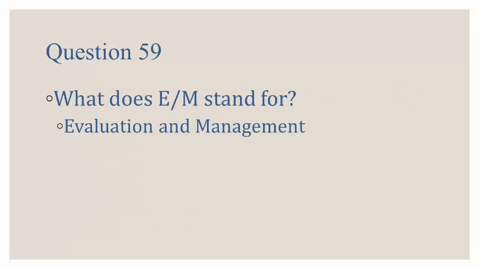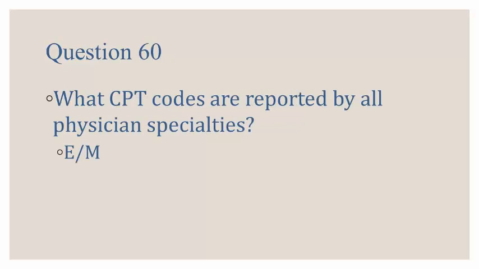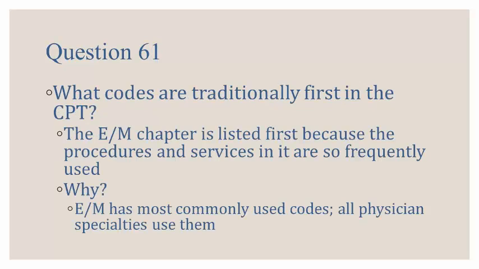E&M stands for Evaluation and Management. Codes are reported by all physician specialties. E&M codes. What codes are traditionally first and why? The answer is E&M again. E&Ms are the most commonly used codes. All physician specialties use them. So they are listed first because they're so frequently used.